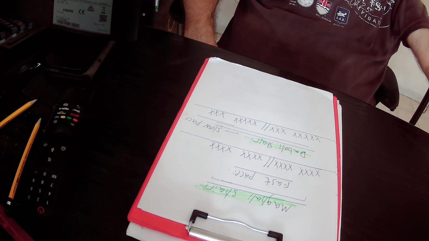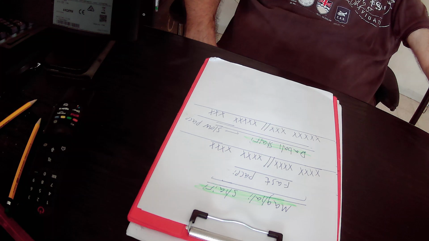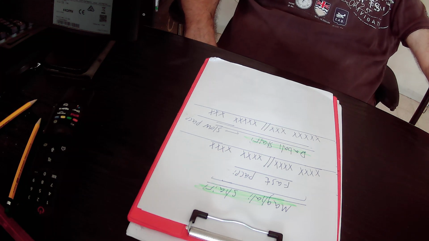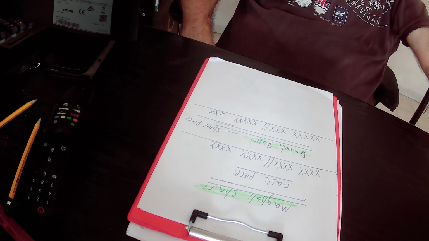I repeat again, the poet repeats at least the last three letters of the last word in the line. So I say at least the last three letters, that is to say, you can repeat on more than three letters. Okay?